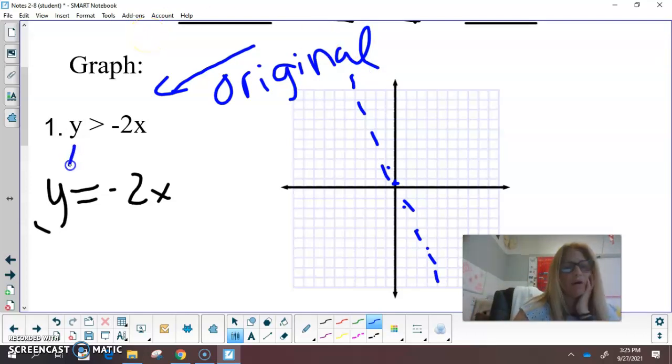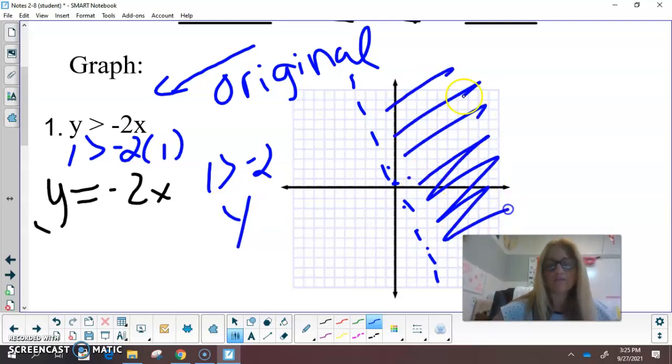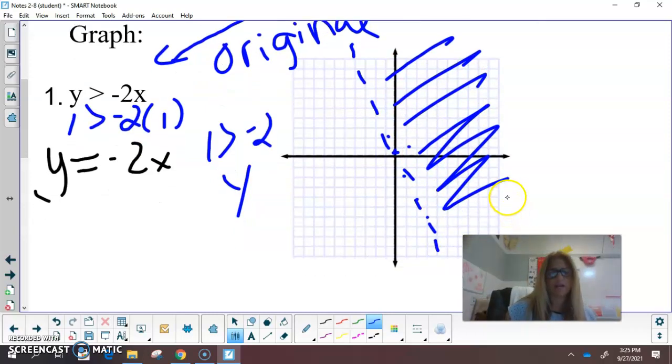So it should be 1 is greater than negative 2 times 1, or 1 is greater than negative 2. Is 1 greater than negative 2? Yes, it is. So since 1 is on this side, we shade everything on that side. That's all we do. Let's pick and shade.